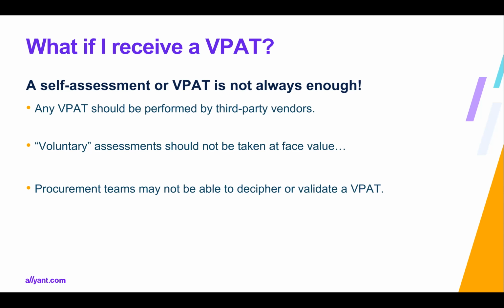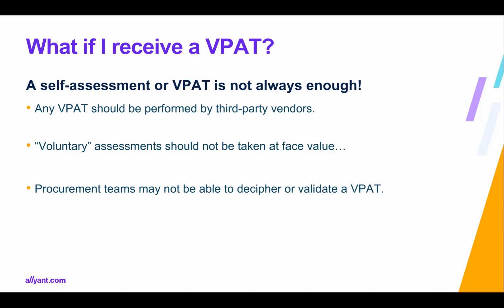But then there's also the question of, what do you do once you have it? And if you trust the information in it, you believe that it is complete, how do you now use that to compare other pieces of software? What if you have 3 pieces of software in a given space that you are considering and you've received VPATs for them? How do you go about actually deciding, well, which one do you want to use? And so different organizations come up with their own unique approaches.